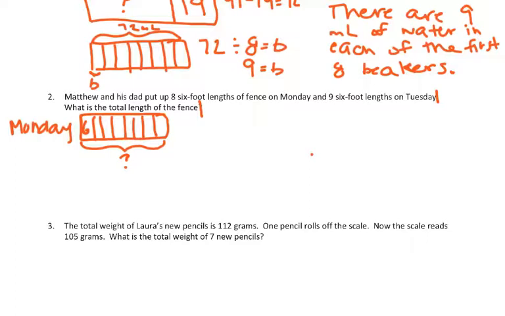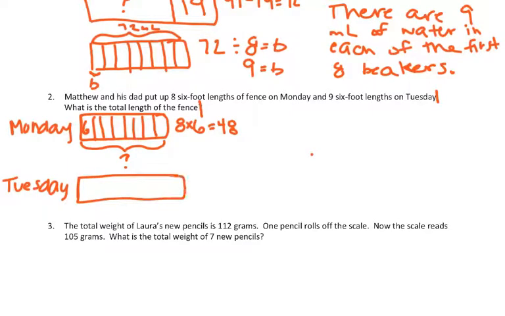So we are trying to figure out what the total is. To figure this out, we can do 8 groups of 6, which gives us 48. So that's for Monday. Now we still have to figure out Tuesday. I'm going to do the same process, looking for our total.